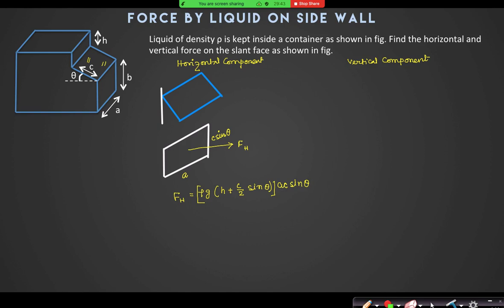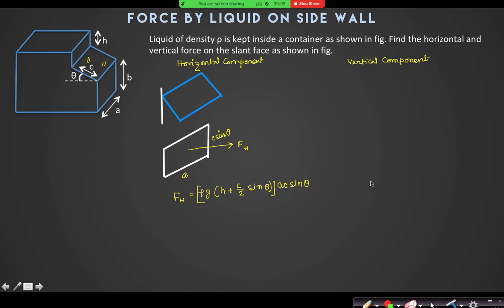Sir, in the previous case, when we took the weight, it was the weight of the total liquid column which was there, and it was passing through the center of mass. But in this case, how should we consider it? I will only take the liquid inside this wedge.